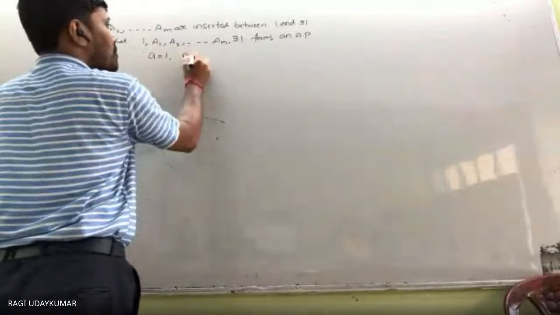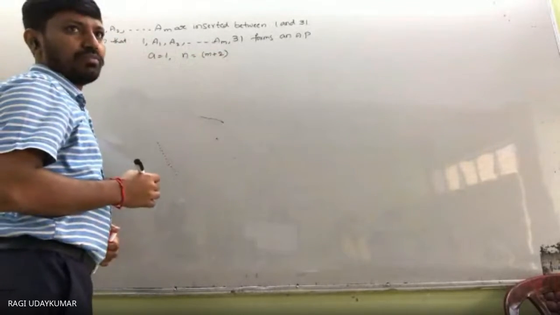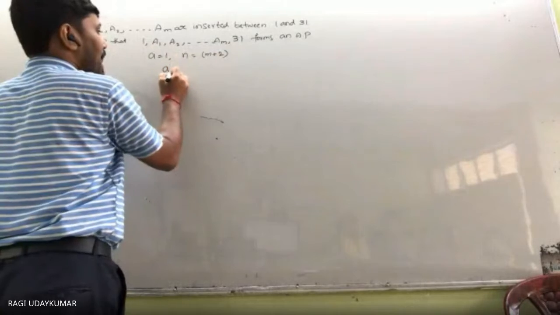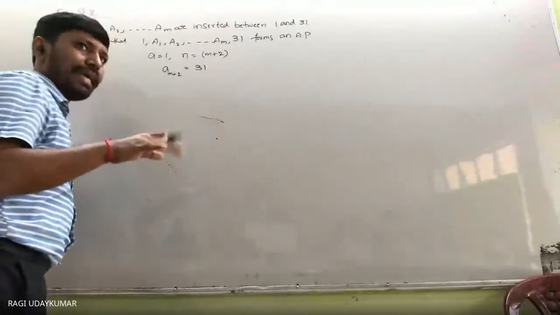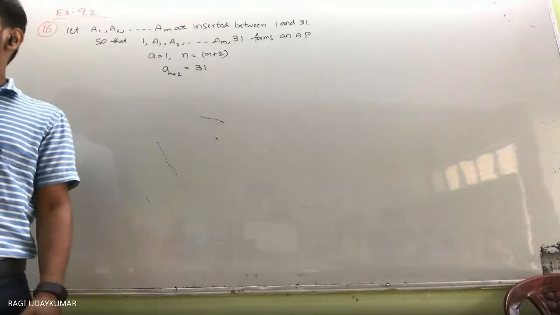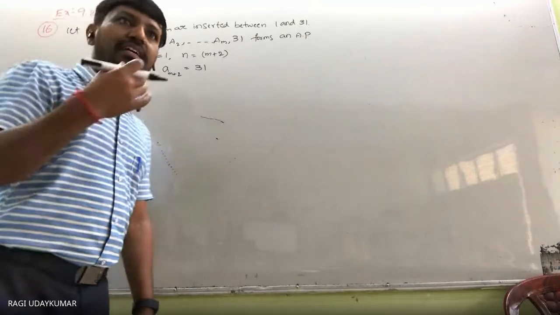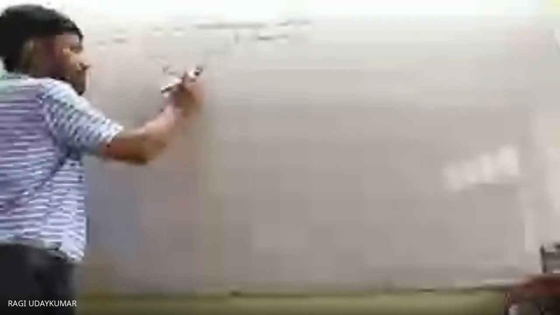The total number of terms will become m plus 2. Therefore a(m plus 2) is equal to 31. I'm not writing d directly, though d is equal to (b minus a) by (n plus 1) also you can use, but how do we do it, that I'm explaining to you.